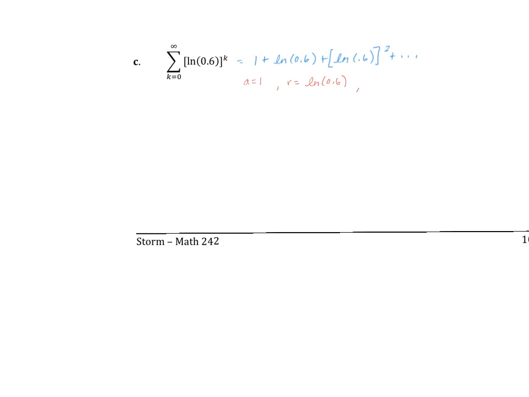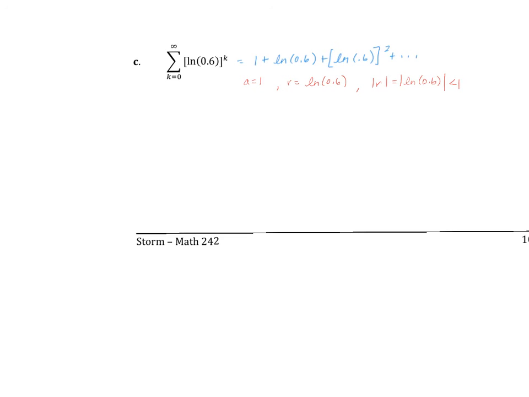Well, in your calculator, if you put in natural log of 0.6, you'll find that it's negative 0.5. So the absolute value is actually less than 1.